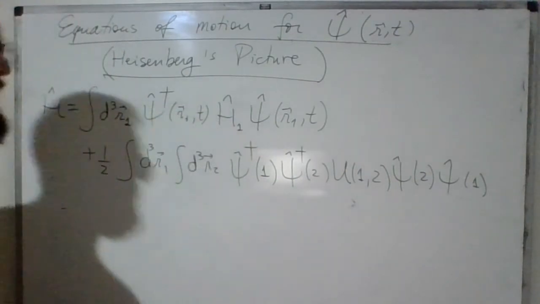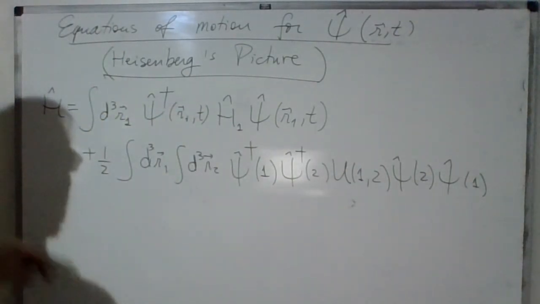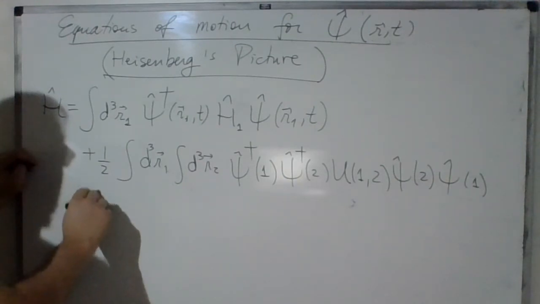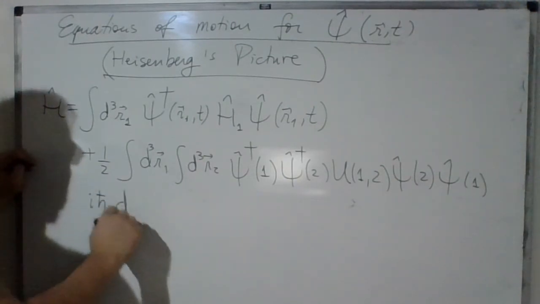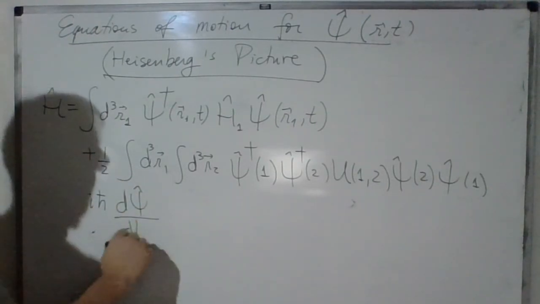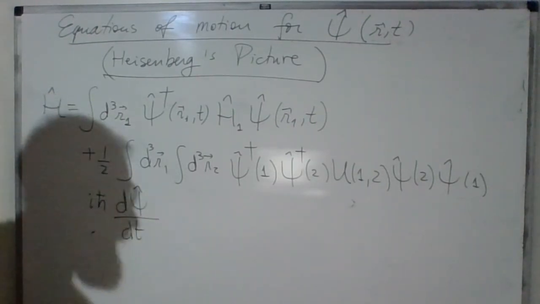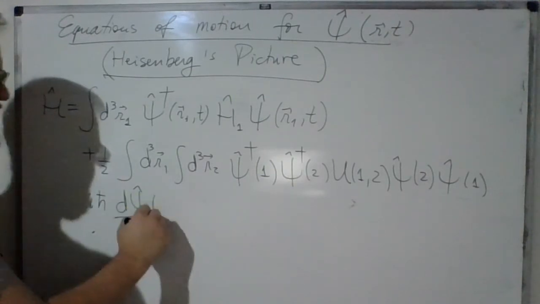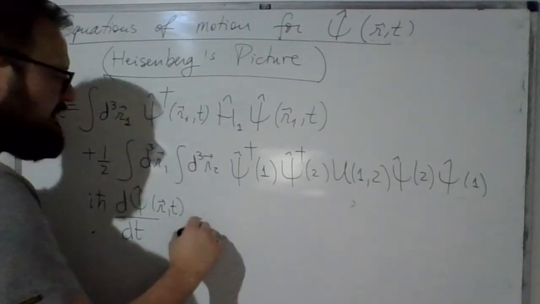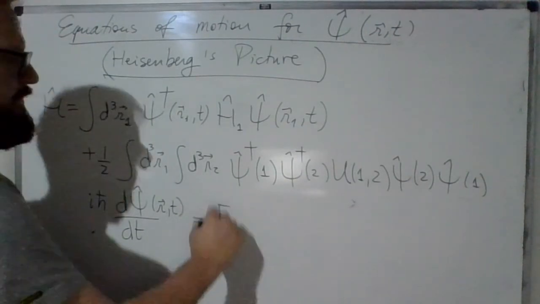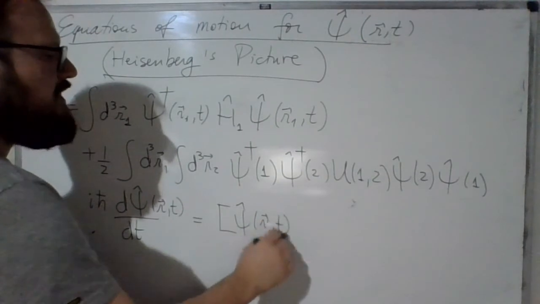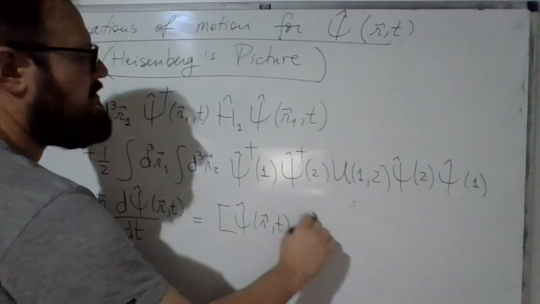So since this is an operator, of course, Heisenberg states that i h bar times the derivative of an operator, which is now the psi hat, an operator depending on the position r at the instant of time t, is equal to psi hat of r and t commutated with the Hamiltonian.